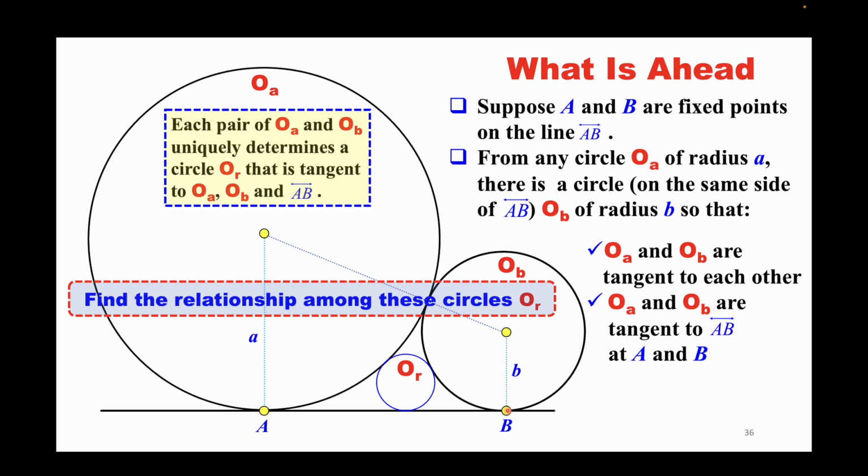We have OA, OB, they are tangent to each other externally. Both of them are tangent to the 2 fixed points A and B respectively on a given line.